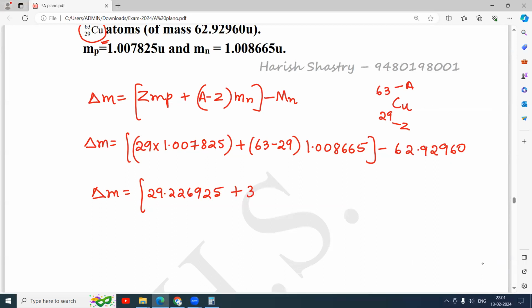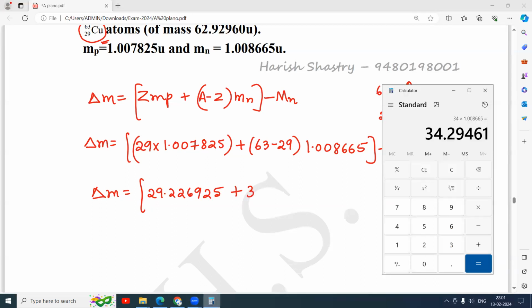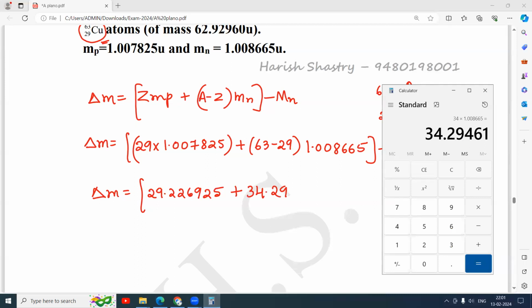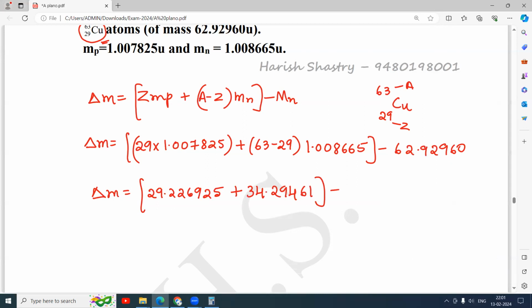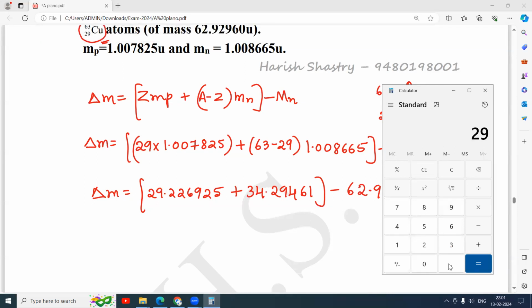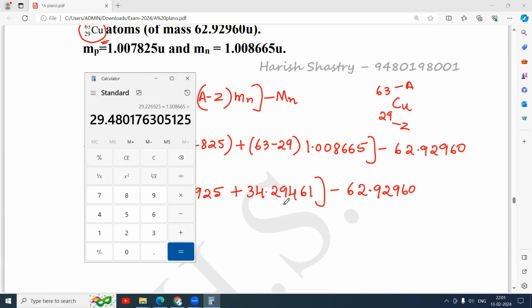Then minus the mass of the nucleus, 62.92960.